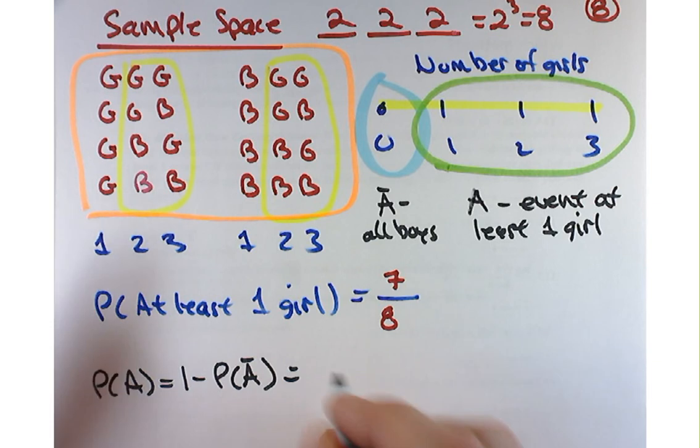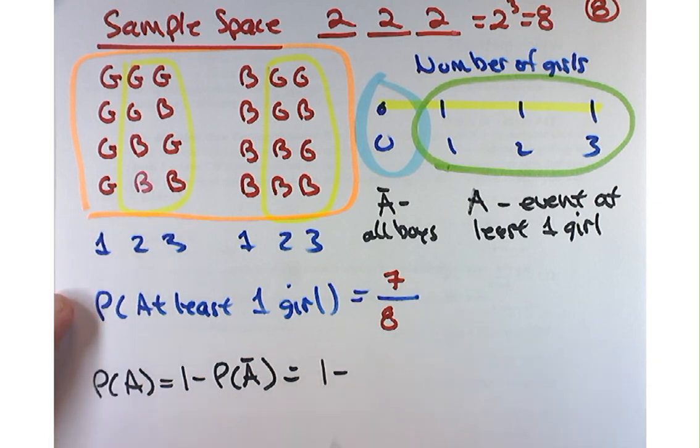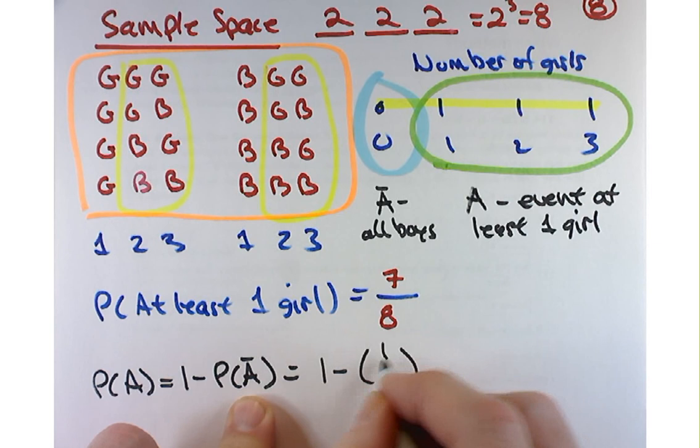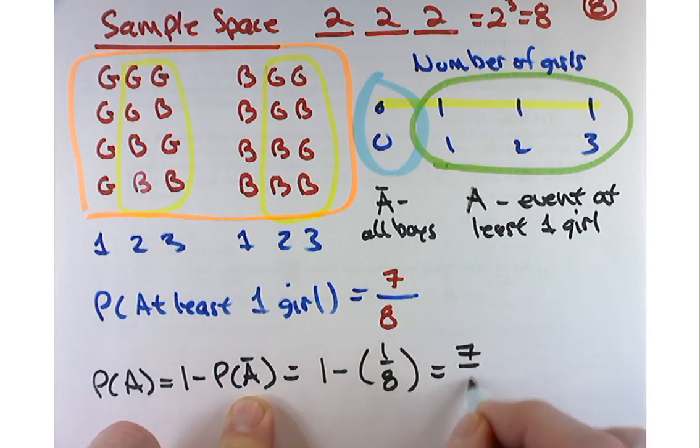So, probability 1 minus probability of A bar. Michal, what's the probability of all boys? 1 out of 8. Yeah, 1 out of 8. And so 1 minus 1 out of 8 gives me 7 over 8.